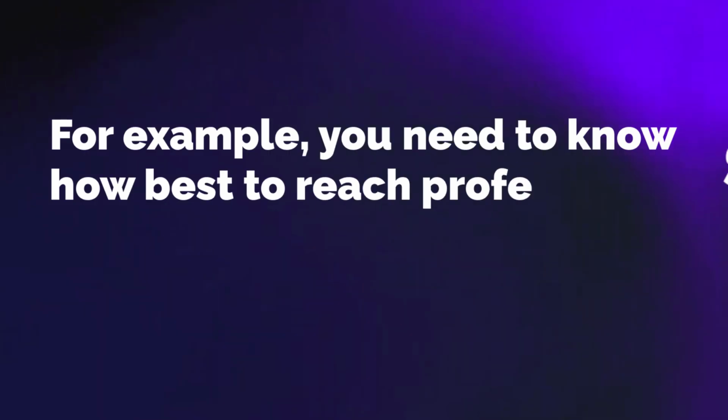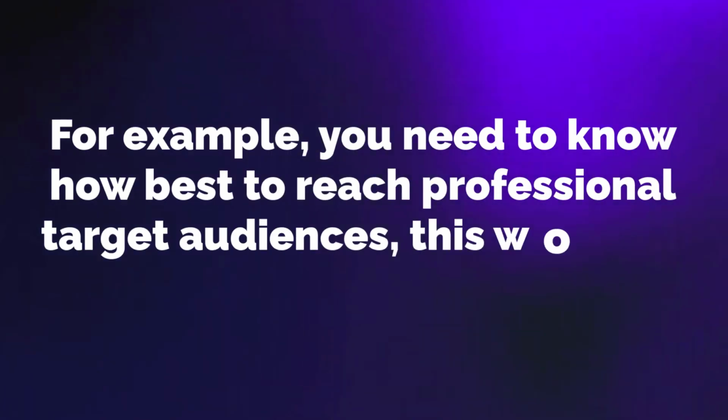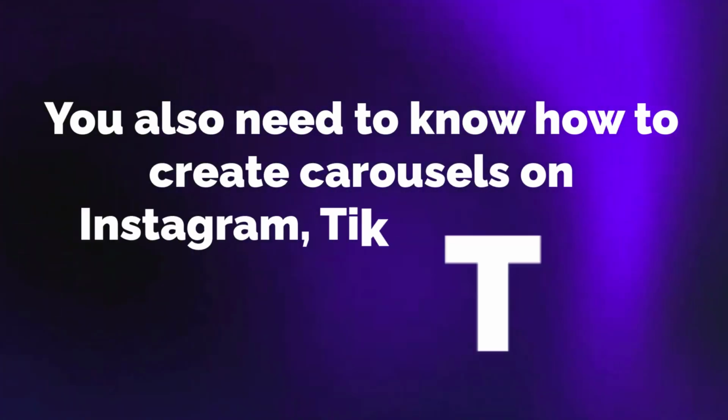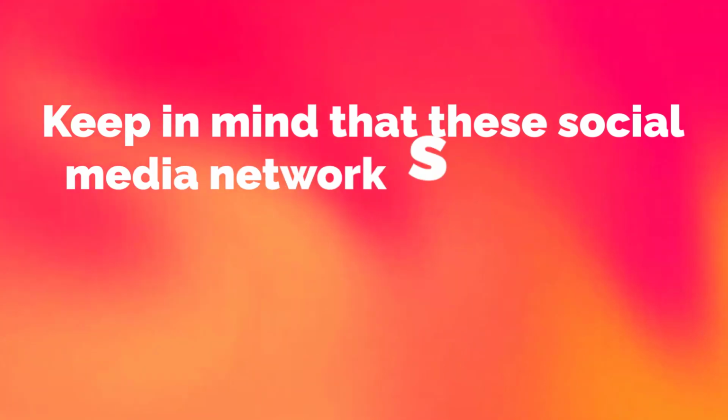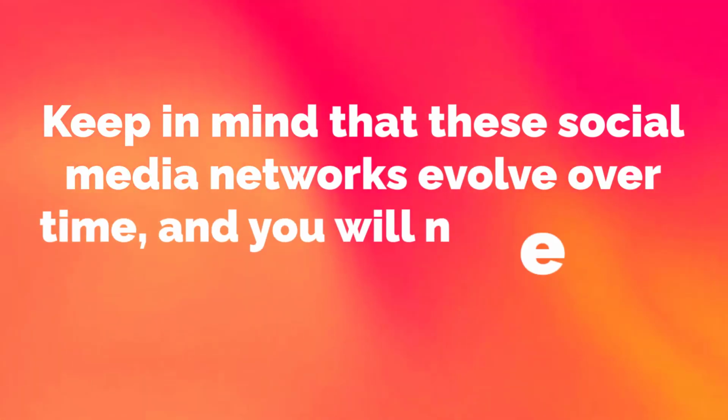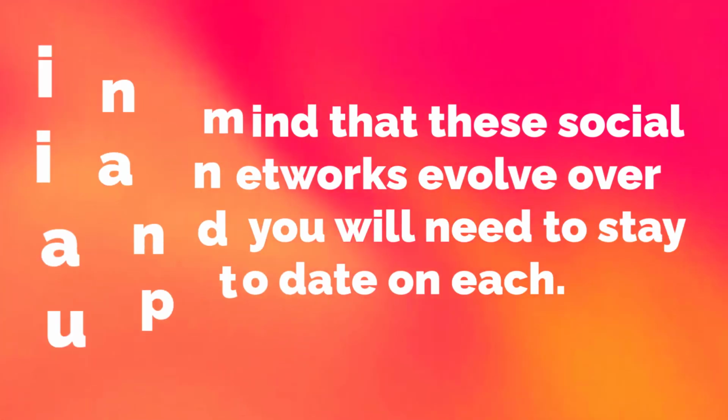For example, you need to know how to best reach professional target audiences. This would be with LinkedIn. You also need to know how to create carousels on Instagram, TikTok-friendly videos, and much more. I want you to keep in mind that these social media networks evolve over time and you will need to stay up to date on each.